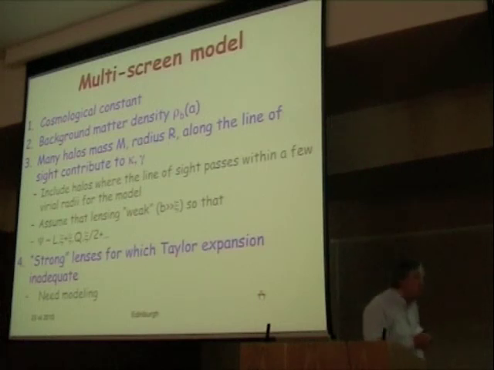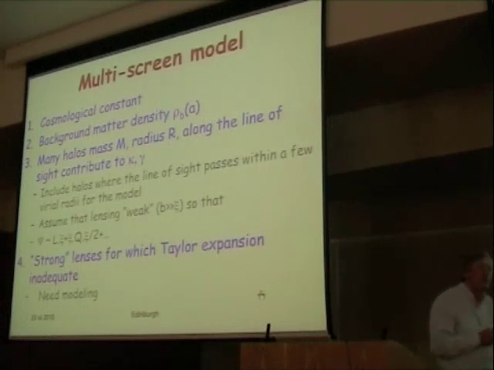The fourth ingredient, of course, will be the strong lenses, if present, for which cubic and higher order terms are required, and that means that you've got to do modelling, just as we've done with 1608 and so on. But for most lines of sight, this should be adequate.